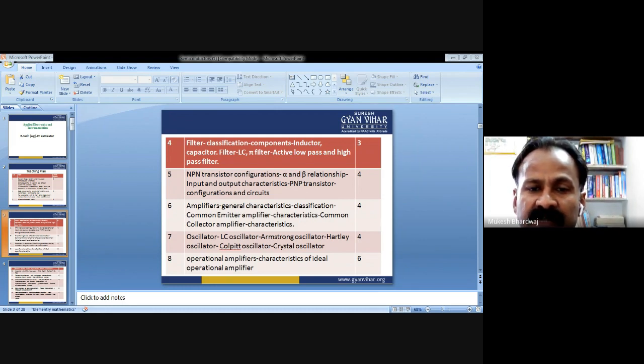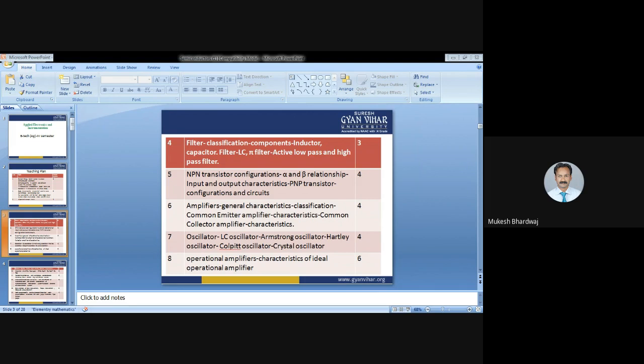So we are going to start with the transistor, its classification, PNP type and NPN type, and the internal physics related to the transistor, and various parameters related to the transistor, that is alpha and beta relation, input and output characteristics of both NPN and PNP transistors, and their configuration for various applications.